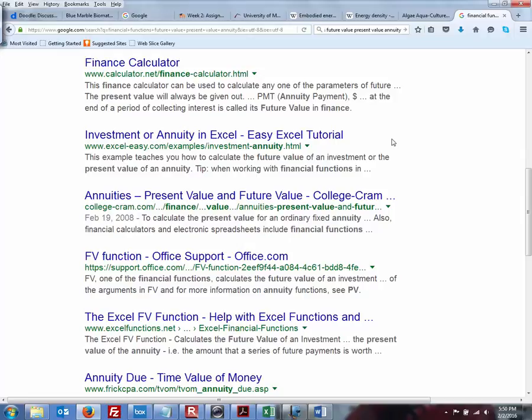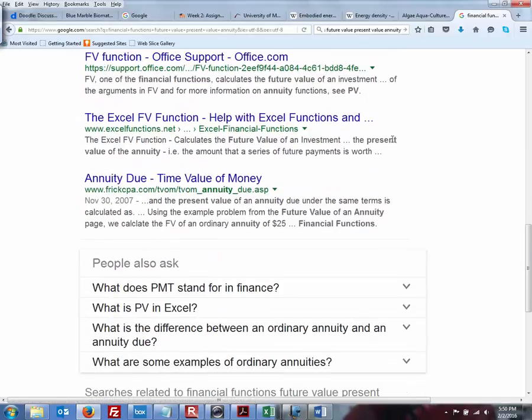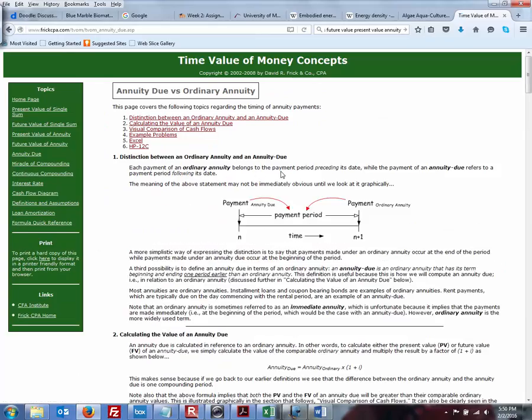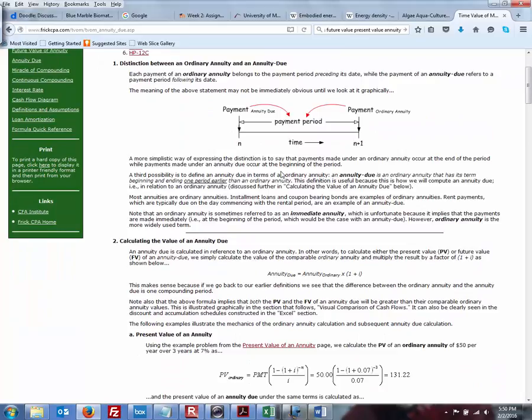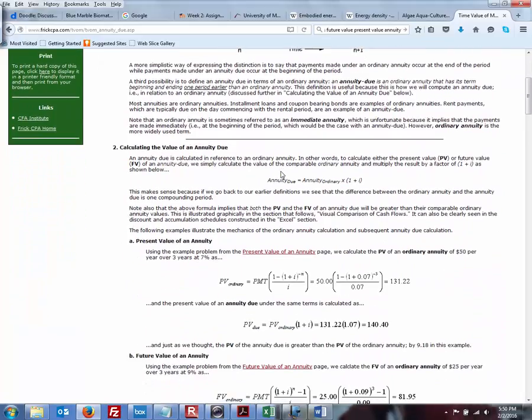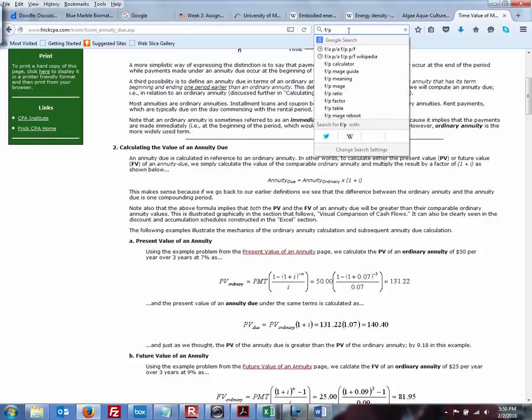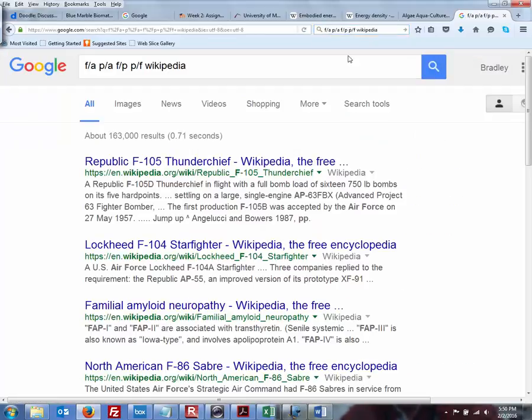What I'd like to be able to do. These functions are actually in your 101 textbook, believe it or not. Oh, I know how I found this last year. F over P. Yeah, look at that. Boom. Okay.